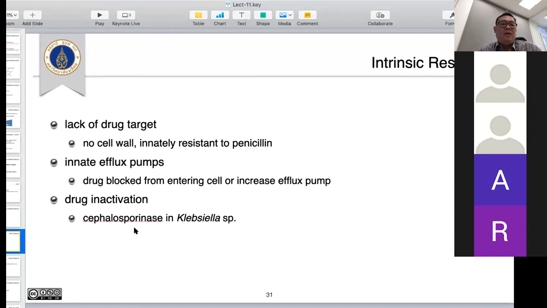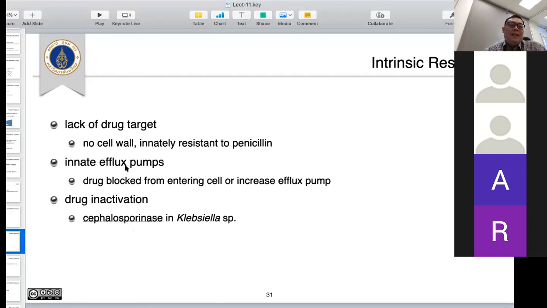Some bacteria do not have a cell wall. They evolved to have less cell wall. For example, mycoplasma has no cell wall. Okay, that tolerates the drug automatically.